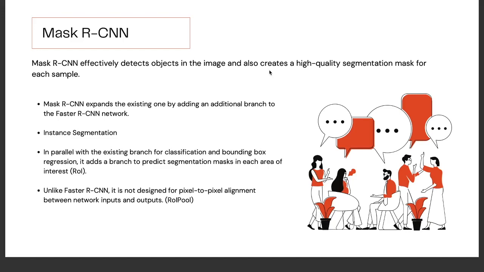But these proposals merge over time to form a network. And Mask RCNN uses region proposal networks as the RPN. There is also feature pyramid networks, and using FPN and RPN anchors, an anchor-based algorithm, it effectively identifies potential objects. And it creates a high-quality segmentation mask for them.